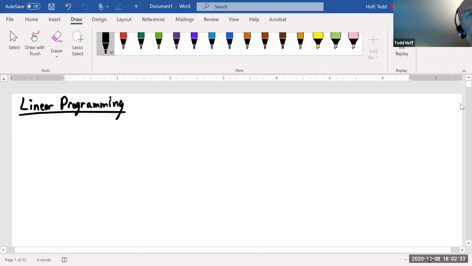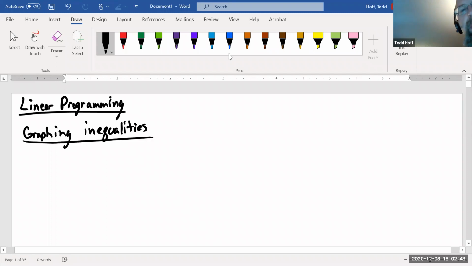But let's go ahead and look at the basics of linear programming. First of all, let's talk about graphing an inequality. If I have an inequality like 3x plus 5y is less than or equal to 15, to graph that, we go through three steps.